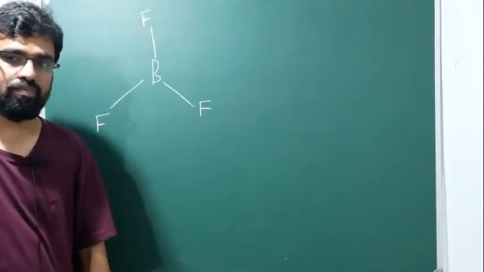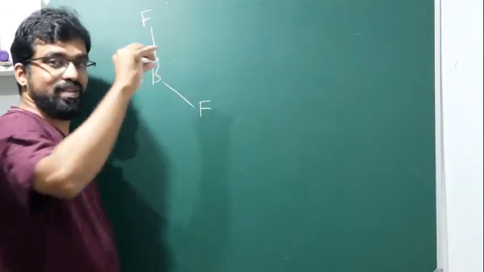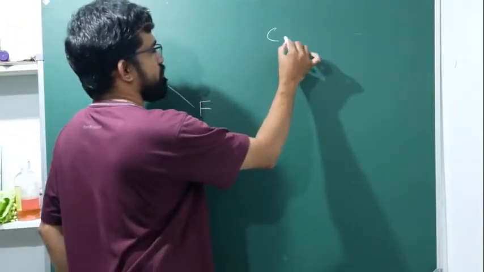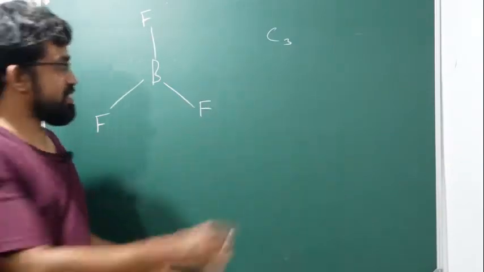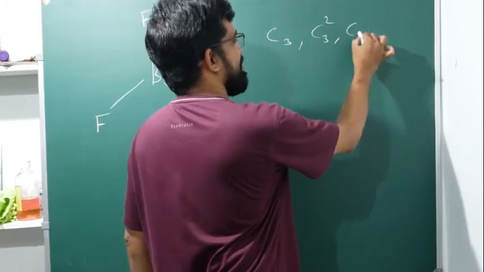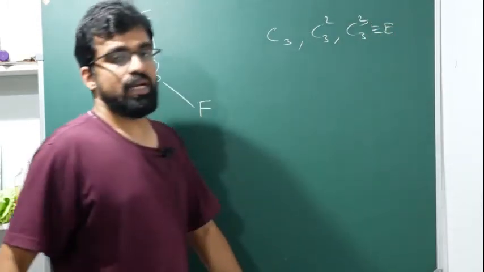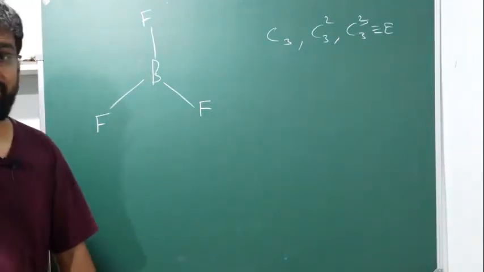It has C3 along the Z. I can take C3 squared, then C3 cubed, that is E. Then C2 is there.